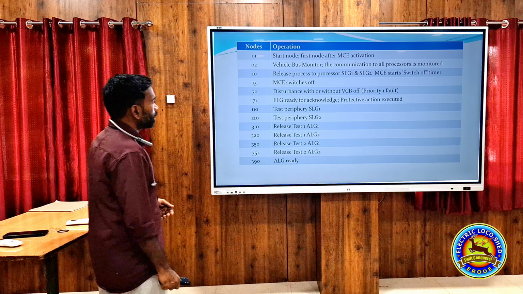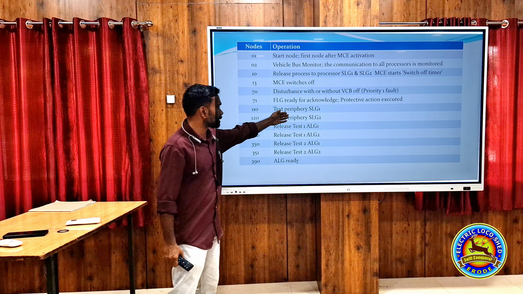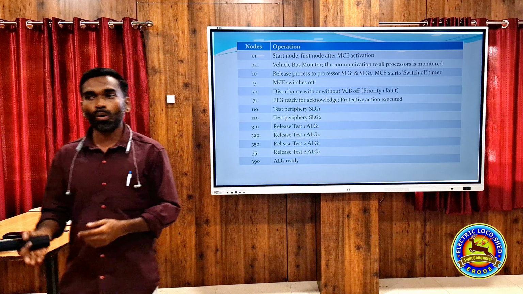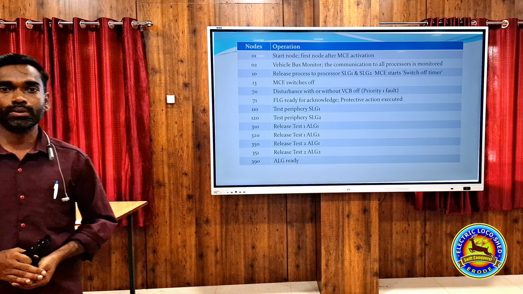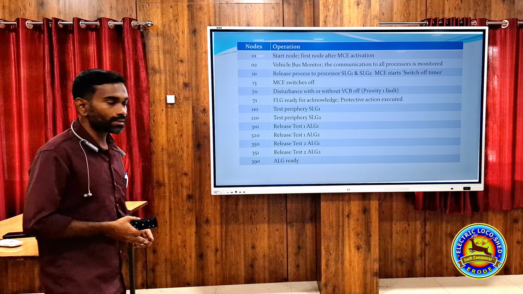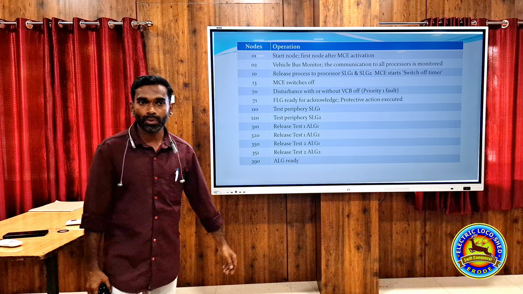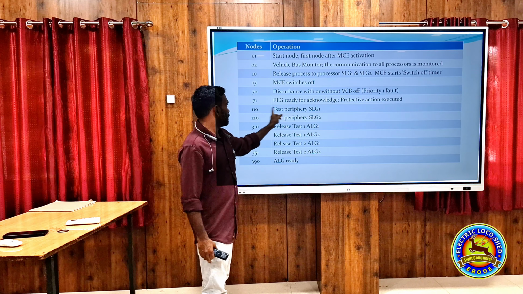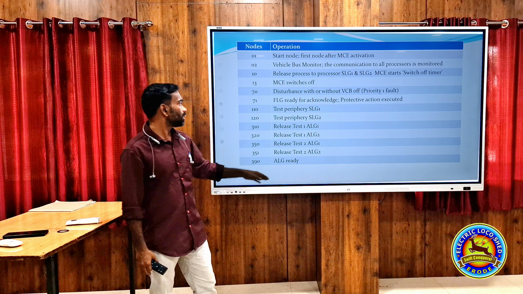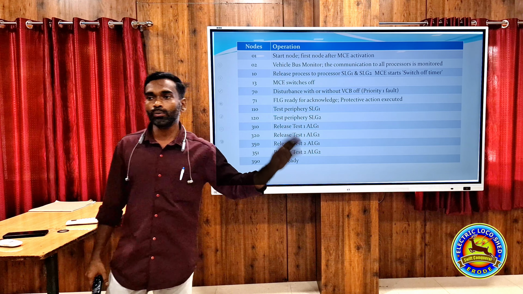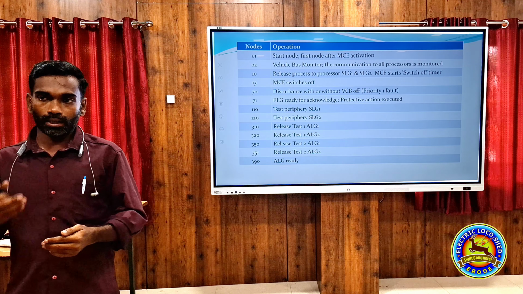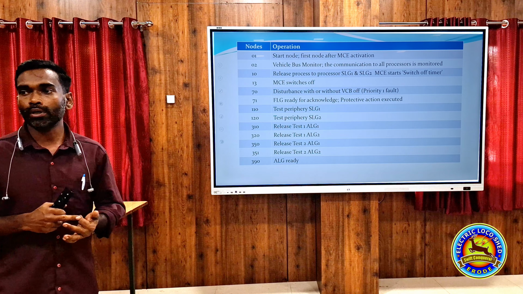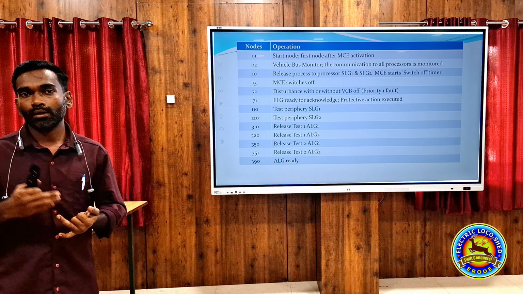Then 110. 110 means actually these are all SLG1 and SLG. SLG is the processor in the SR. It was there in the older GTO system. Now all are IGBT SR, where one processor, SLG, will be there. In this 110 node, FLG will give the command to SR to check the SR peripherals, like gate drive cards and feedback.